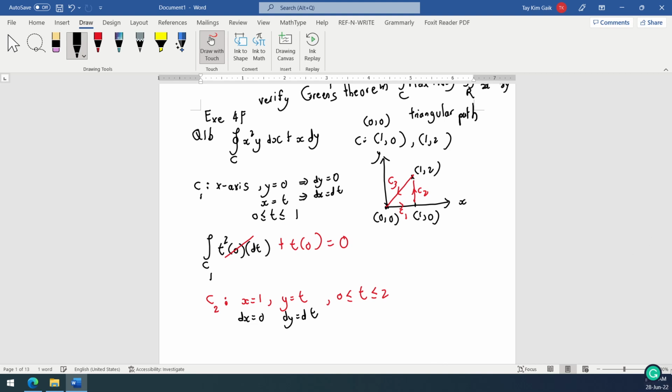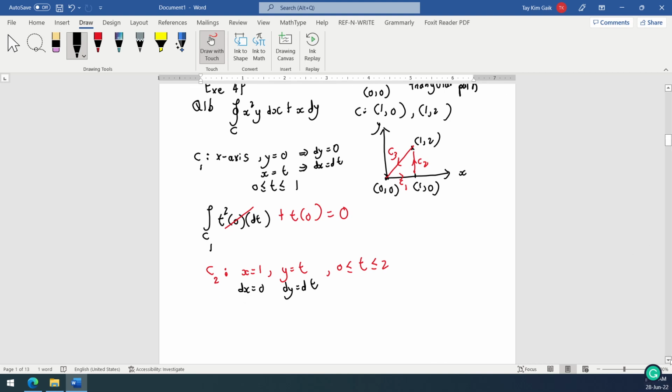So plug the parametric equation into the line integral. The line integral along curve C2: x is 1, y is t, dx is 0. So the first term is still 0 because dx is 0. And then x is 1, dy is dt.